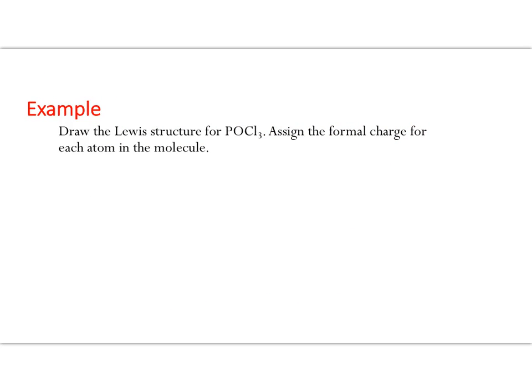So one other example here, POCl3 and assigned formal charge. So we'll do P, O, Cl, Cl, Cl, and we got to count. So 5, 6, and then 21 is 32.